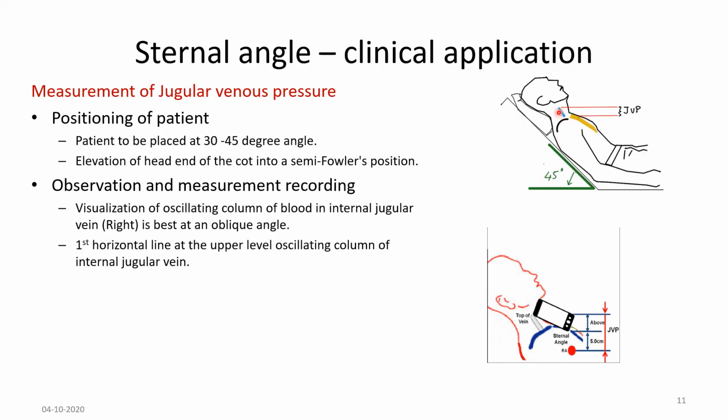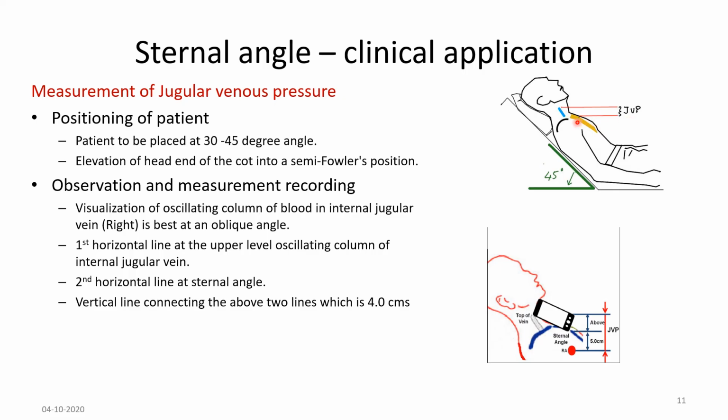The first horizontal line should be at the level of the oscillating column of internal jugular vein pulsations. Then the second horizontal line is at the sternal angle as shown in this picture. The vertical line connecting the first and second horizontal lines is about 4 centimeters in length.